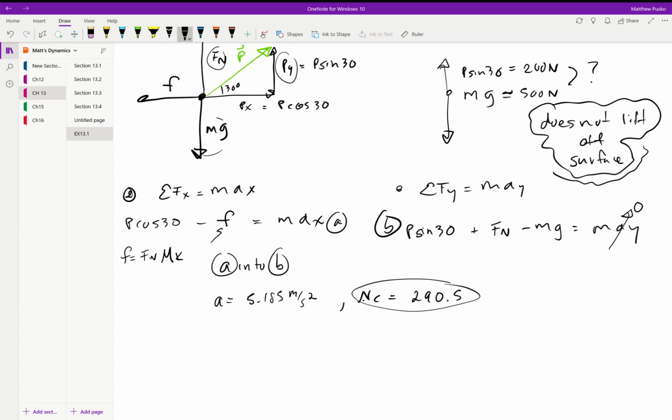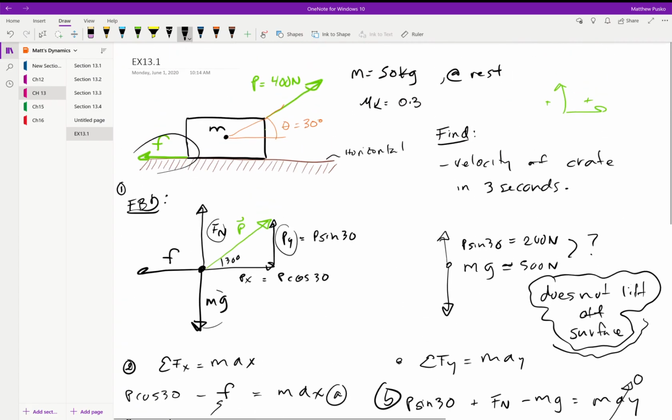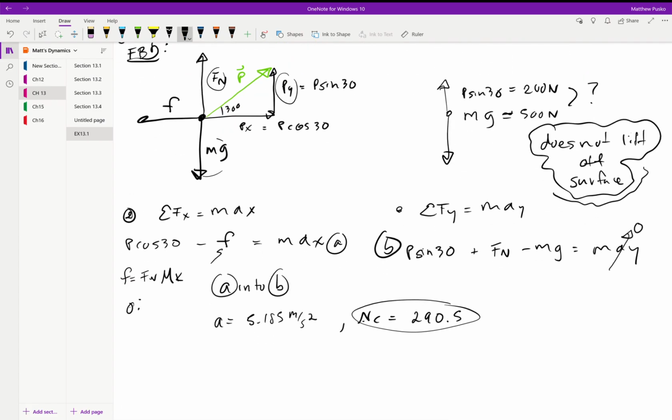They gave us mu, so replacing friction right there, we would put in, I think it was 0.3. Yeah, 0.3 times the normal force. So this equation would look like P cosine 30 minus the normal force times mu k is equal to the mass times the acceleration in the x direction.